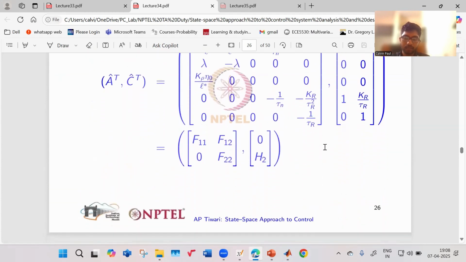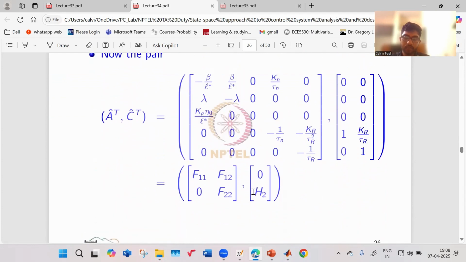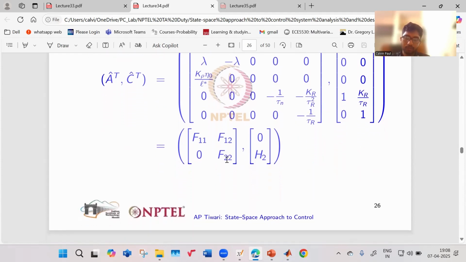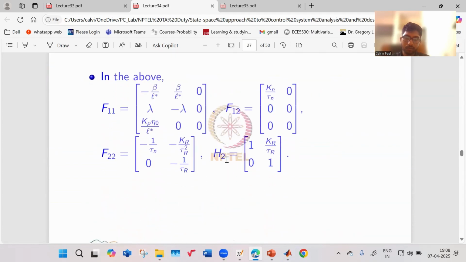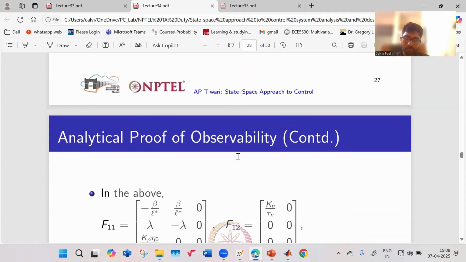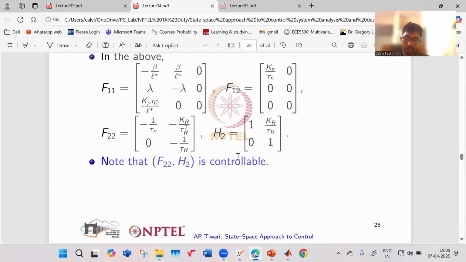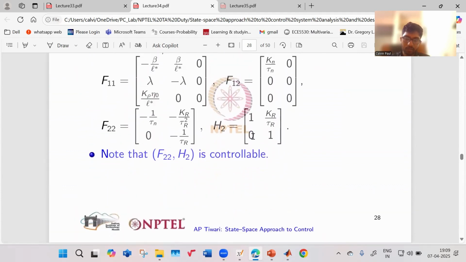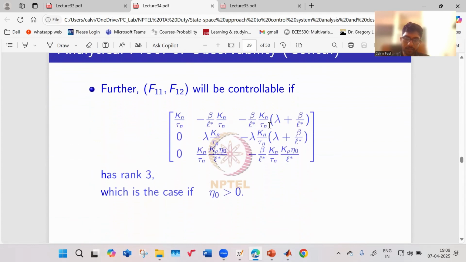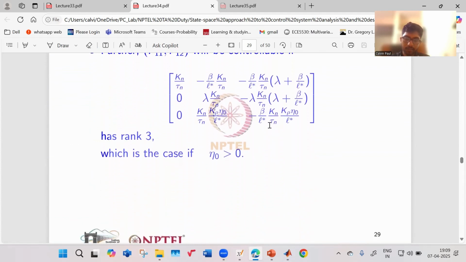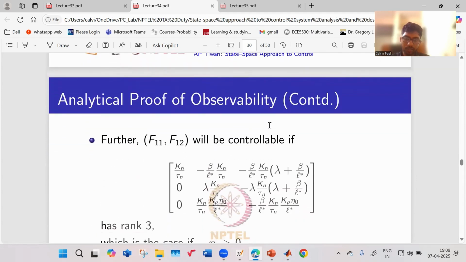This is the set of equations written in this form, with 0 and H2. These are the variables. F2 and H2 is controllable. Let's do a check.